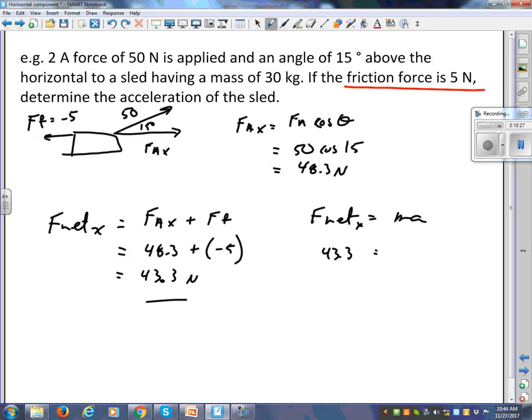The mass was 30, times A. So we can divide by 30, and I get 1.4 meters per second squared. Again, reminder, line up your equal signs, space out the steps, go from left to right, clearly identify your answer, include units, all good stuff.